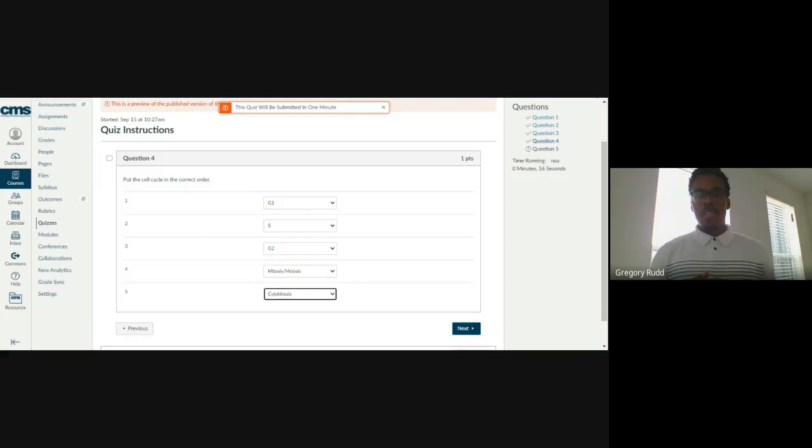Yep. So in synthesis, we're synthesizing new DNA. We're copying the DNA. We're making a second version of the DNA. So the timer is going to run out. But G2 is another stage of growth as the cell prepares itself to be split.